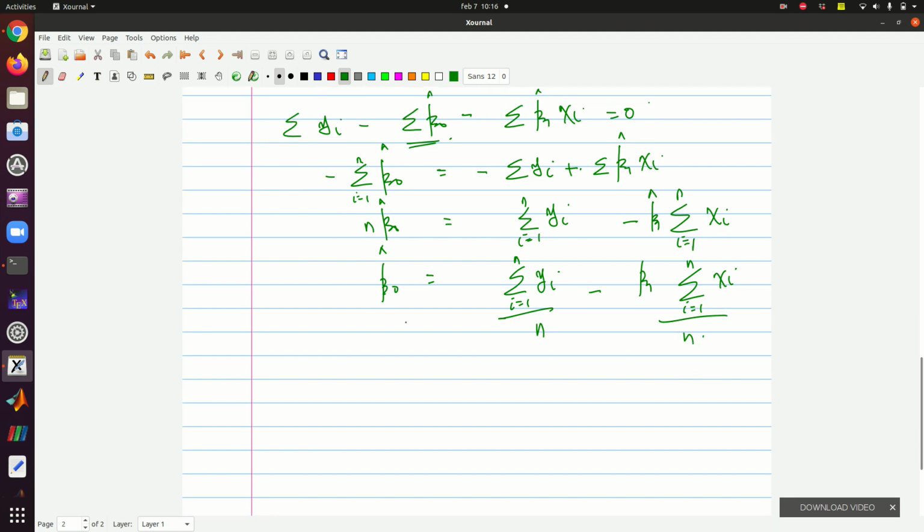By definition, we know that this is going to be our y bar, because if you sum all these values and then you divide by the number, you're just getting the average.